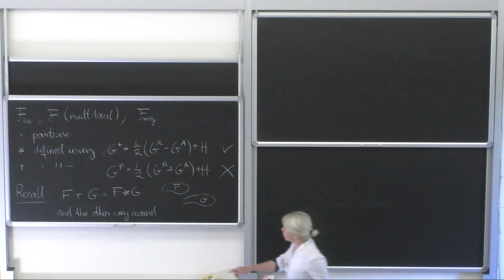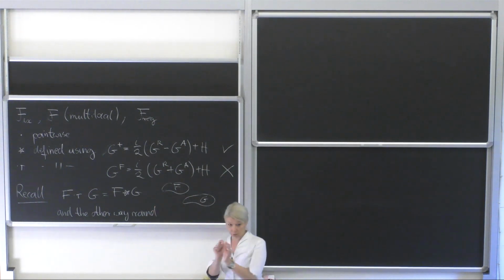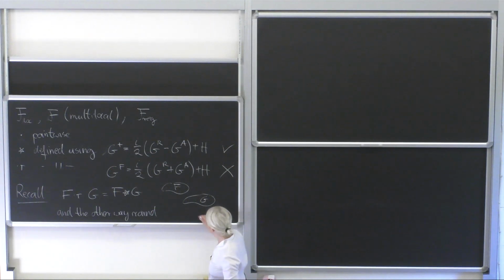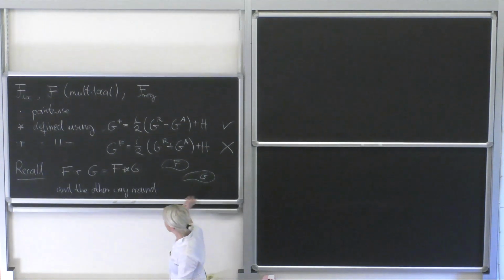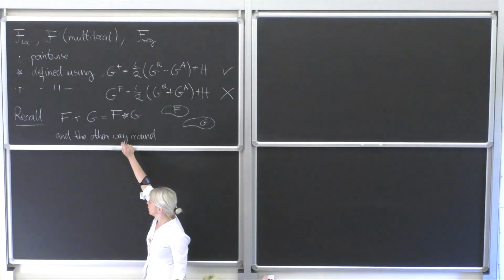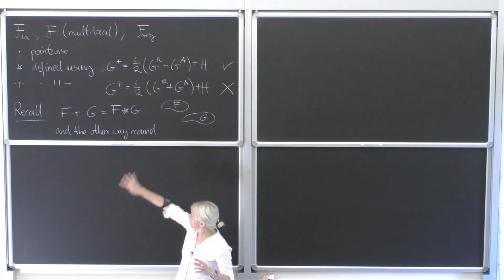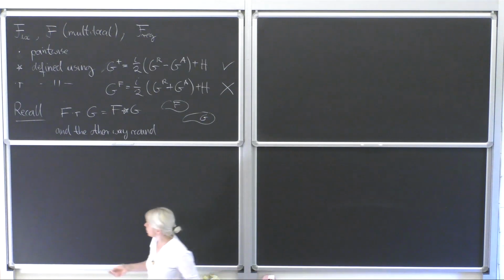And the star product is well defined. So the only actual problem is if these supports would overlap. Here is a fact, which is a consequence of this relation.